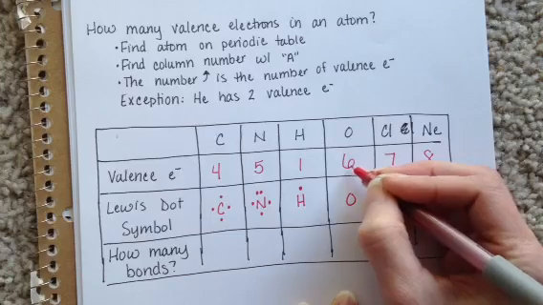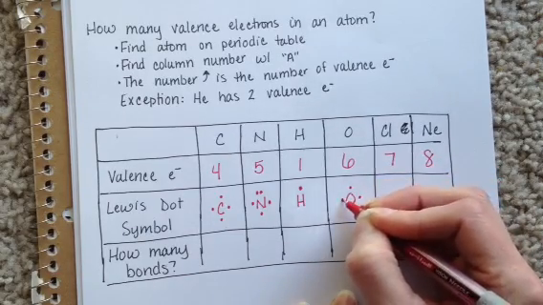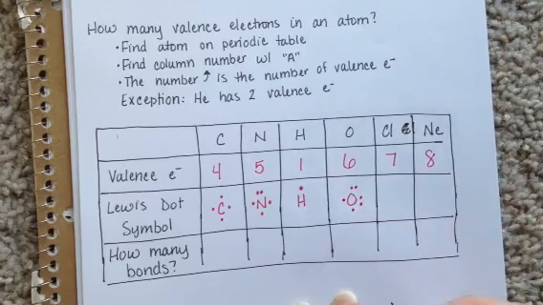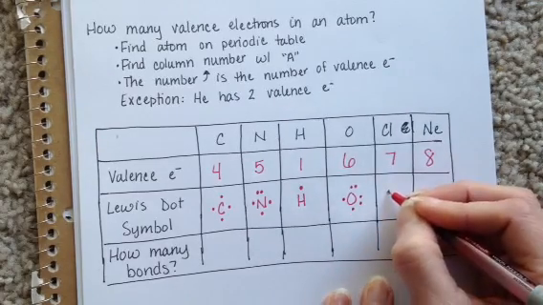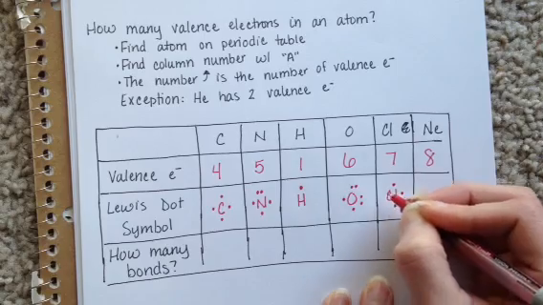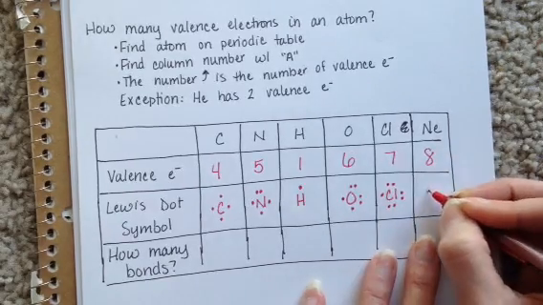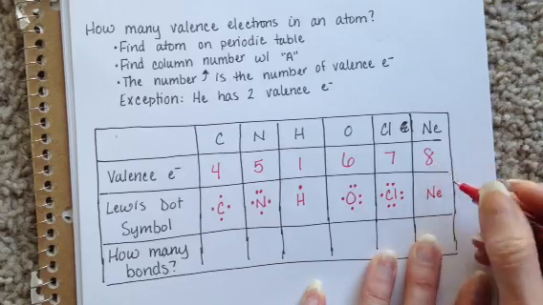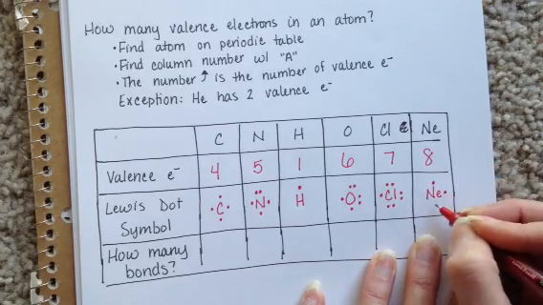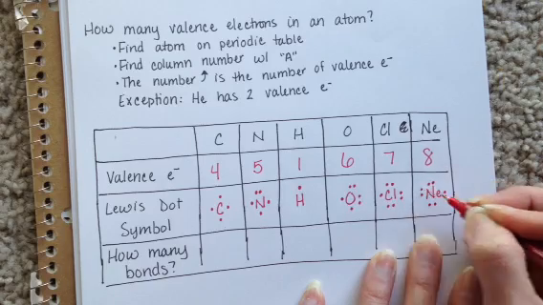Oxygen with 6 valence electrons has 1, 2, 3, 4, 5, 6 dots. Chlorine with 7 valence electrons has 1, 2, 3, 4, 5, 6, 7. Neon with 8 valence electrons has 1, 2, 3, 4, 5, 6, 7, 8.